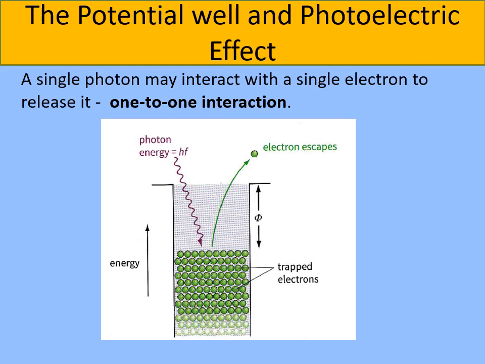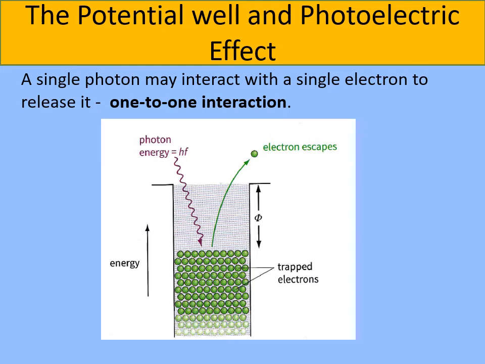Now here, let's just picture the electrons as being trapped in an energy well as shown in this diagram. A single electron requires a minimum energy phi, which is the work function, to escape the surface of the metal. The work function is the minimum amount of energy required to escape its surface.